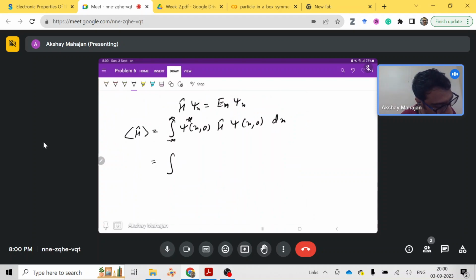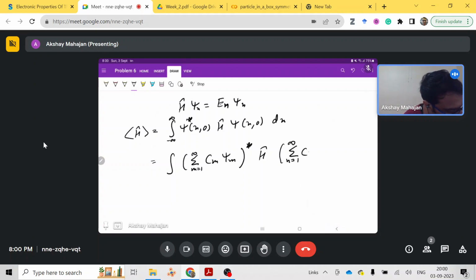Now we can write our wave function again as summation of m equals 1 to infinity cm psi m, its complex conjugate, and h cap acting on summation of n equals 1 to infinity cn psi n, and we will have a dx.